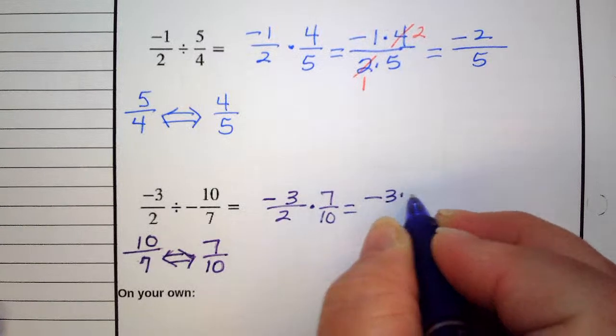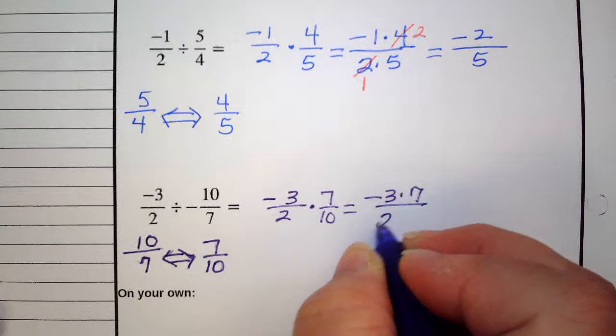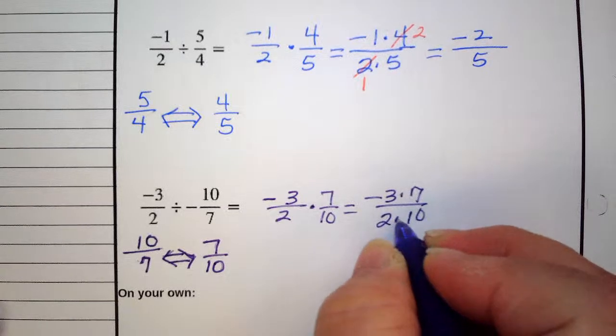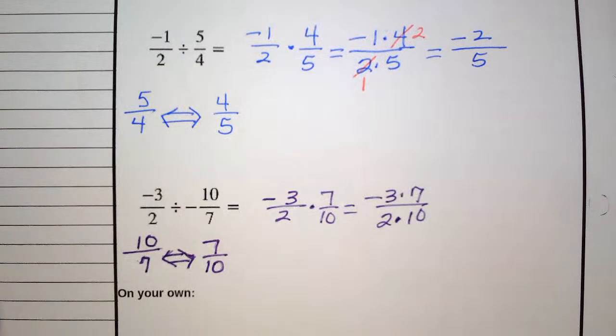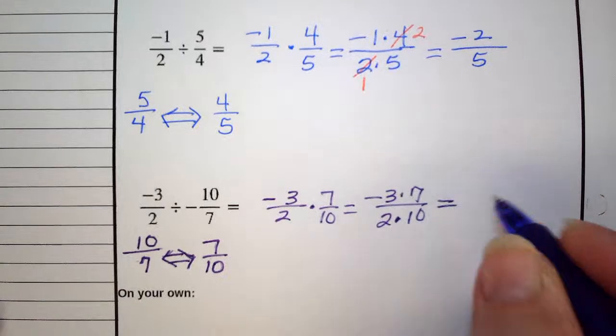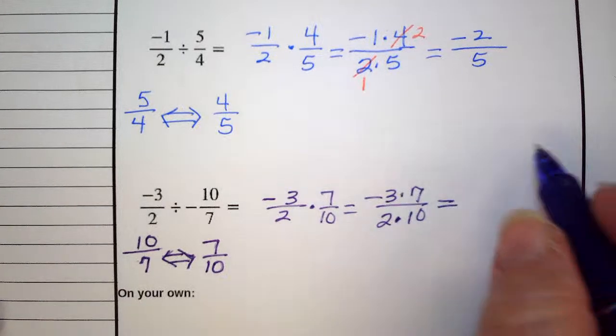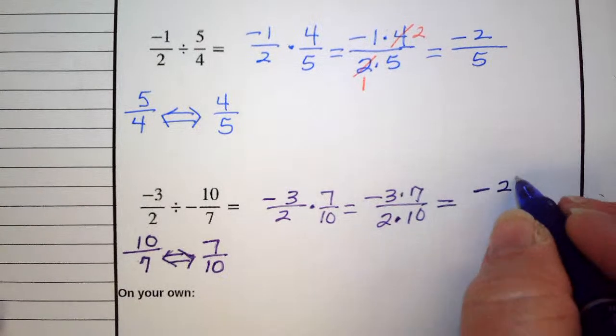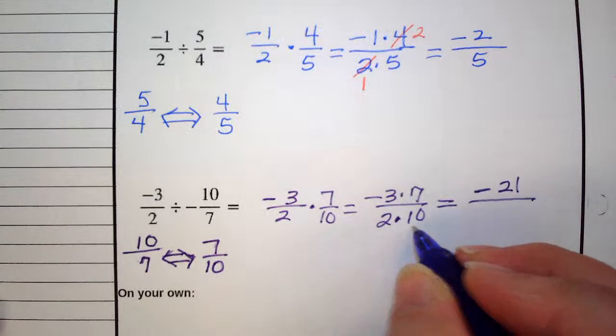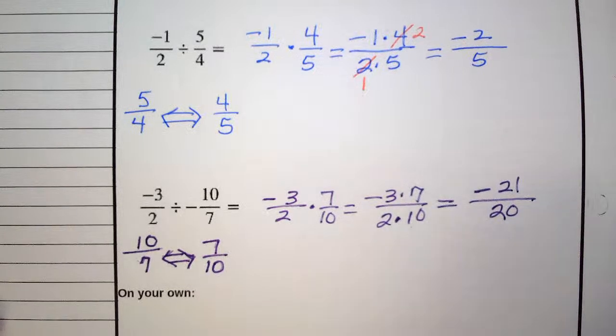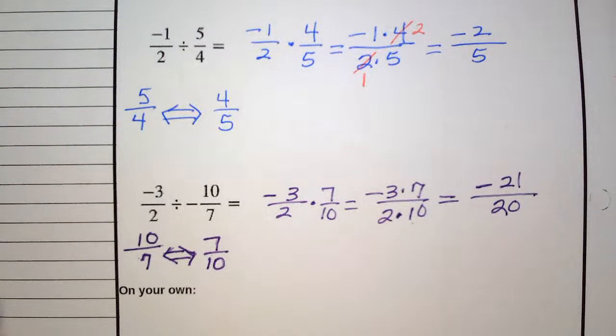Negative 3 times 7 over 2 times 10. Do I have any common factors? No. 3 and 7 do not have any common factors with 2 and 10. So I multiply straight across. Negative 3 times positive 7 is negative 21. 2 times 10 is positive 20. Negative 21 20ths.